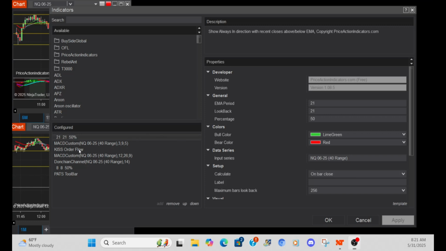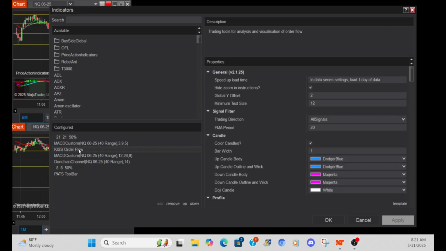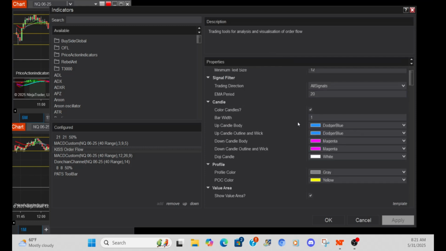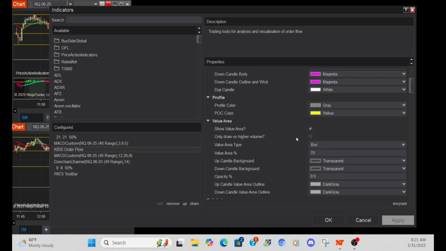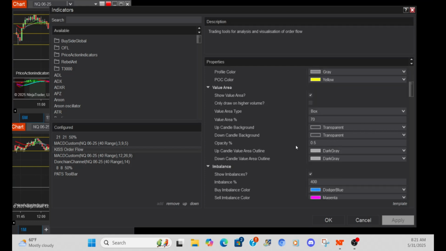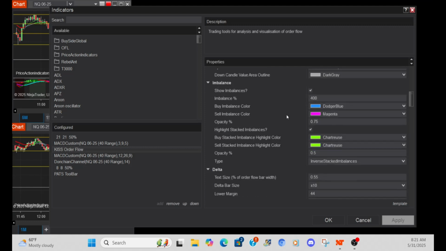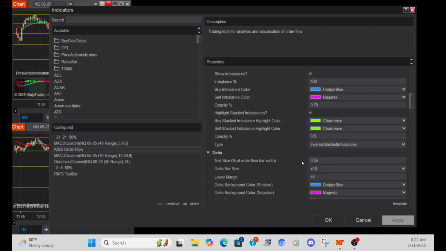All right. So first, I'm going to go here to this order flow. Now these are the basic settings. Mine I have for what I'm looking for, like the PLC, I have bright yellow showing the value areas. I like to see the imbalances.